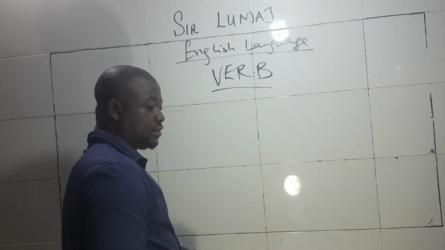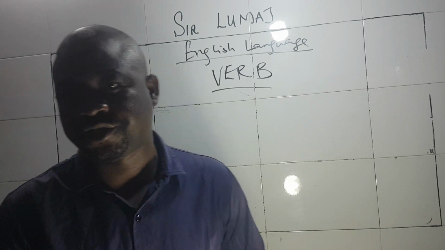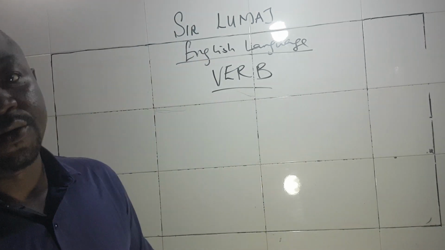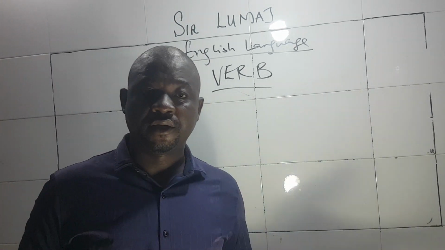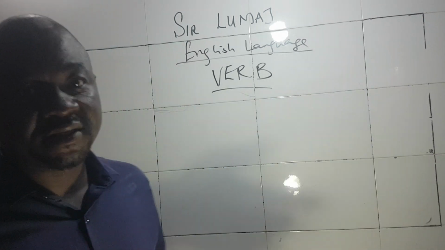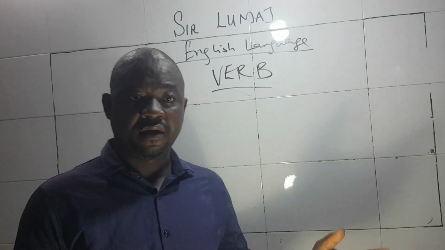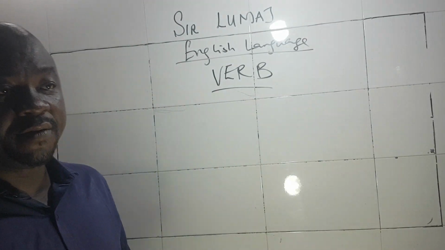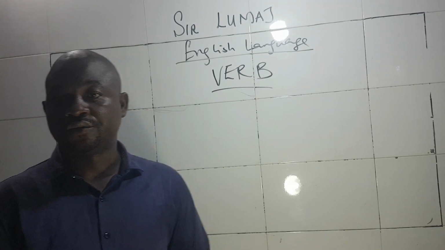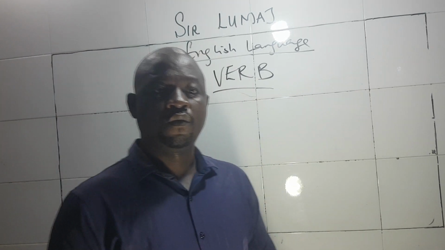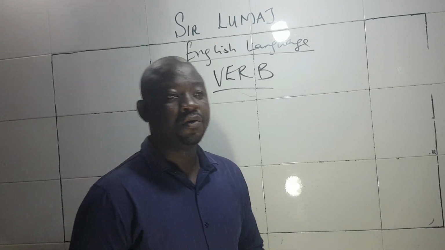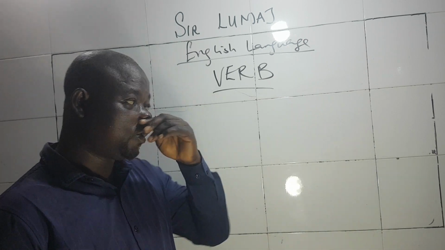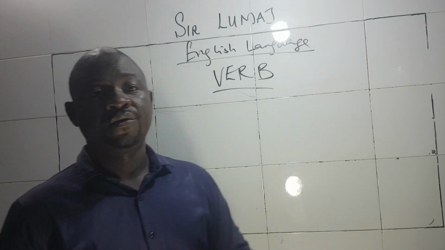I started with the parts of speech, where I said we have noun, we have pronoun, we have adjective, we have verb, we have adverb, we have conjunction, we have preposition, we have interjection. So today I want to talk about verb.